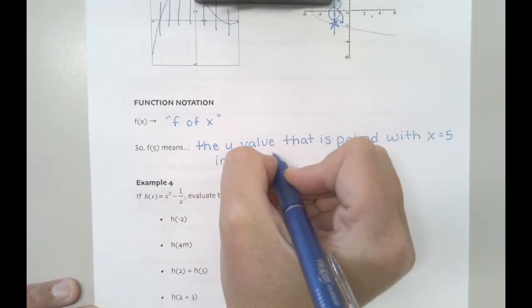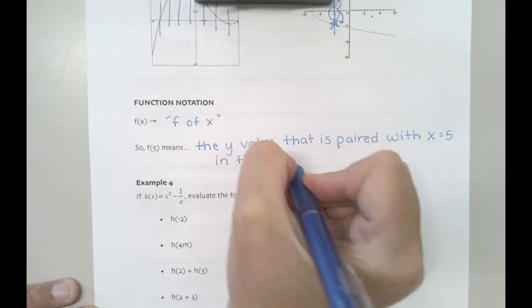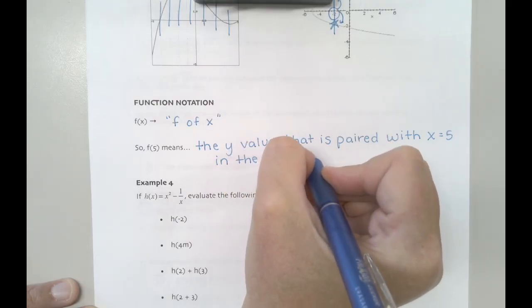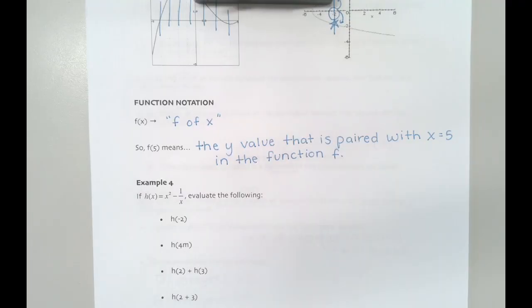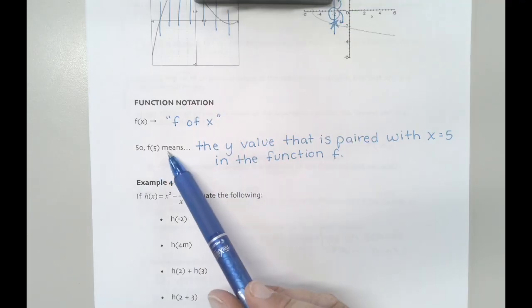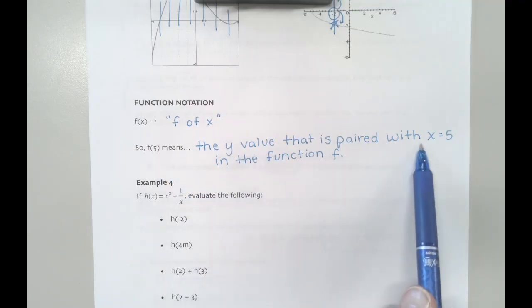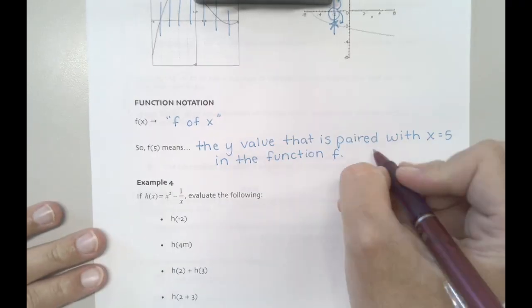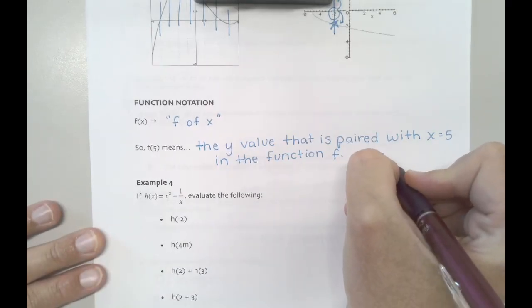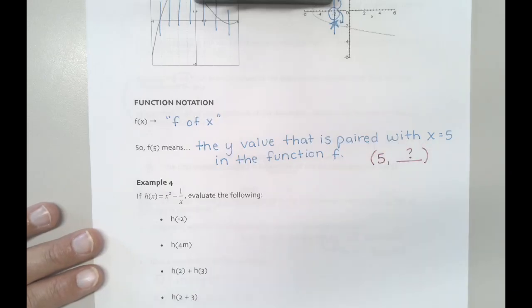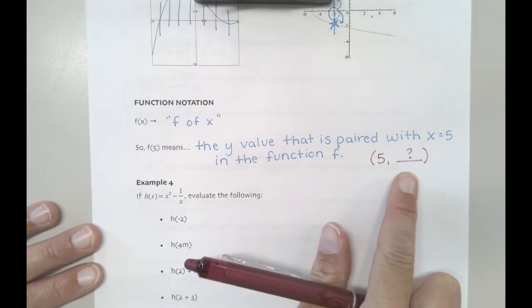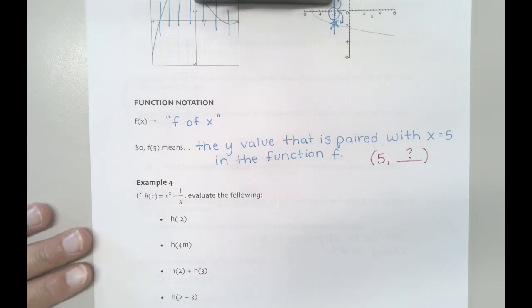So the f is really like the name of the function, and so you can have equations that have multiple functions in them. Sometimes they'll use letters other than f. But f is just telling you which function am I looking at, which relationship. And if I ask you for f of 5, I'm saying what y value is matched up with 5. I'm asking you this question. 5 comma what? Okay? That's the answer to f of 5, is what number goes right there.